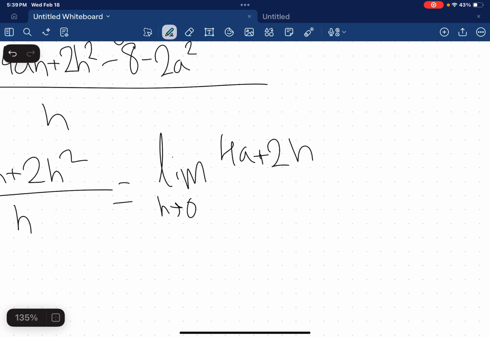And that's simple, the h goes away. So we're left with the derivative of displacement, so velocity, v of t, is going to be equal to 4a. That is our answer.